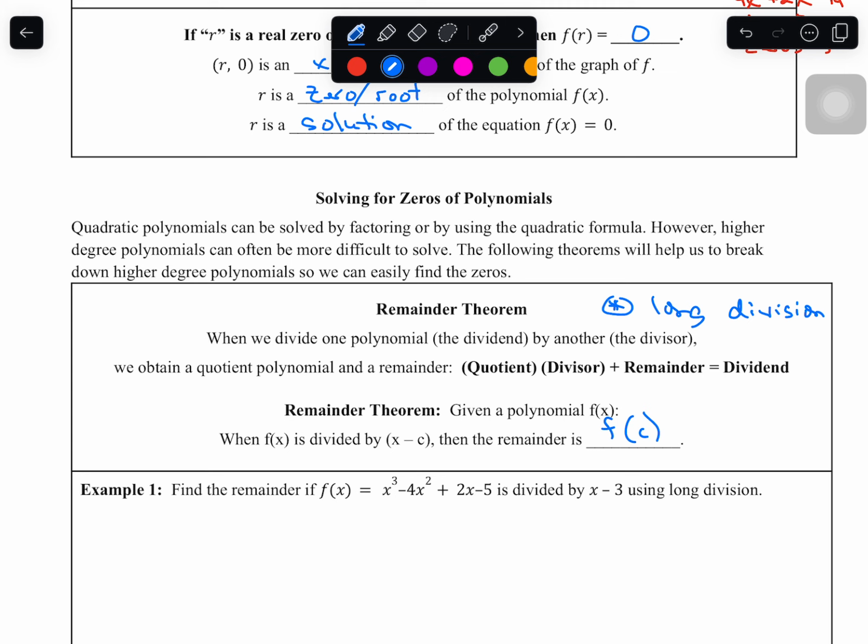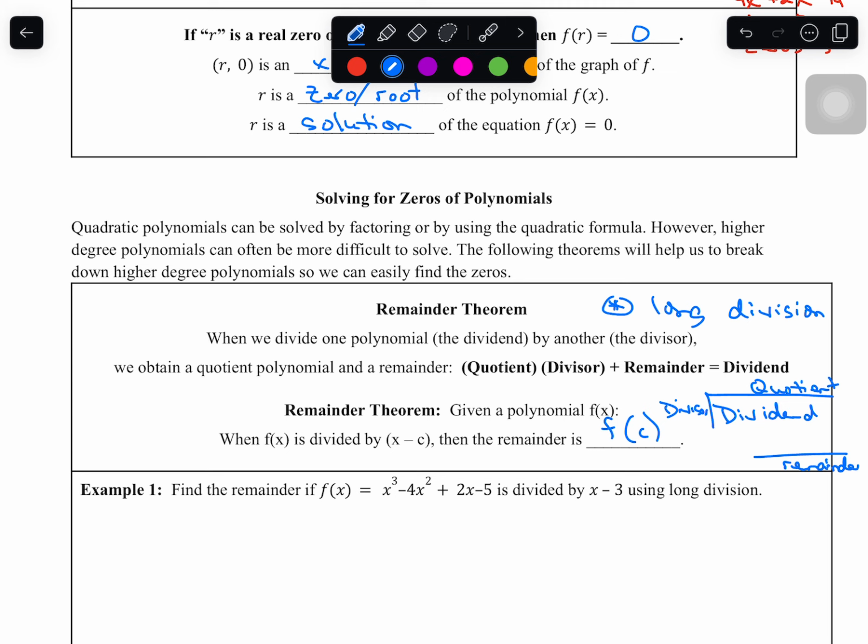So if we work backwards, we can also say that if we take the dividend and we divide that by the divisor, we should get the quotient, which is our answer, and then in the bottom here, we always get the remainder.